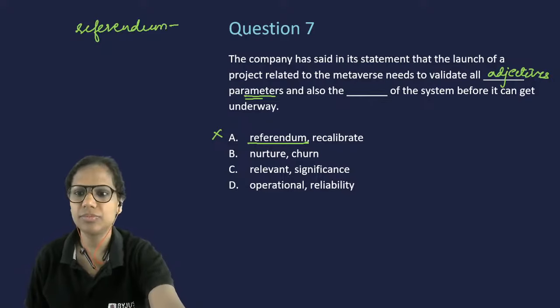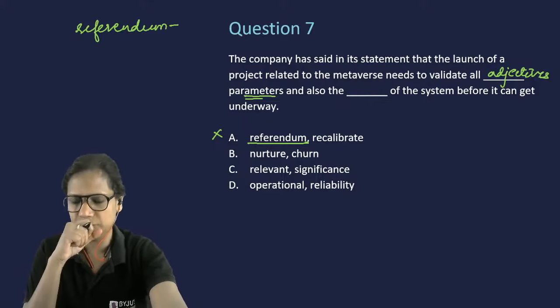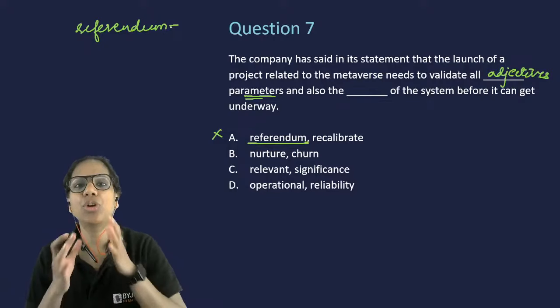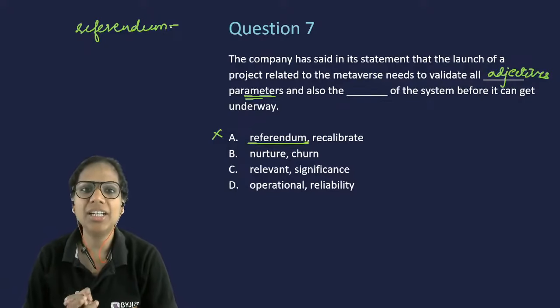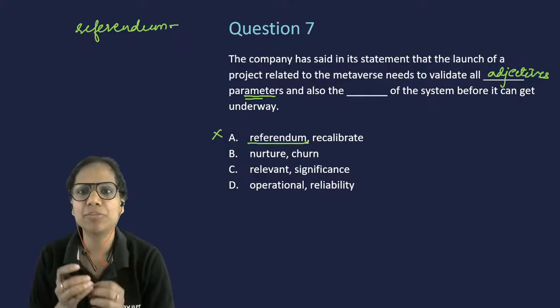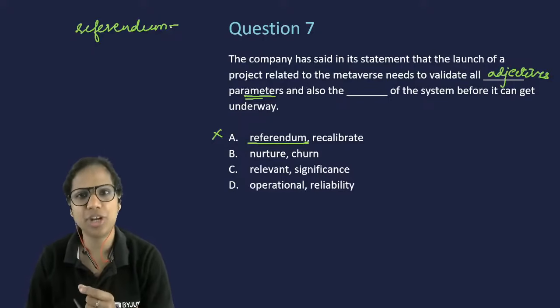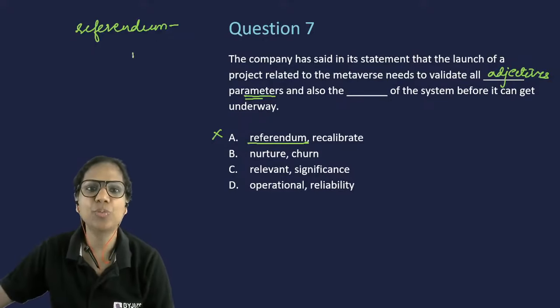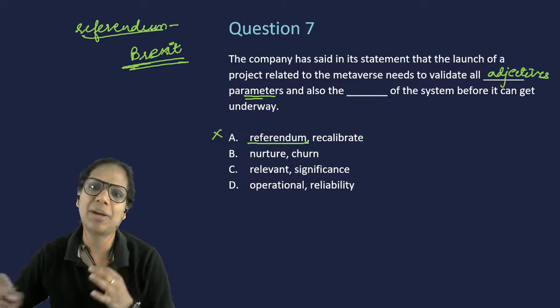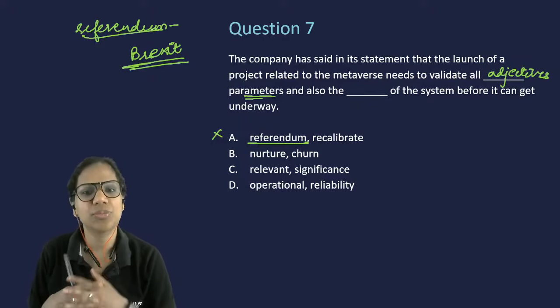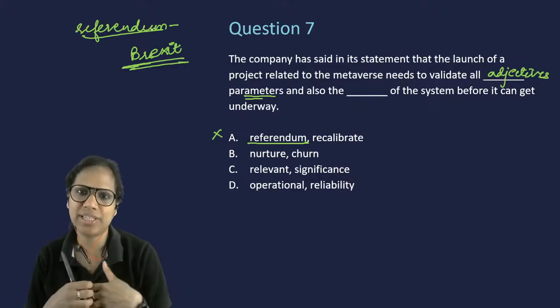When you want to make a decision and you ask each member of the public to vote on that decision, that's called a referendum. For example, for Brexit, whether Britain should exit from the EU or not, a referendum happened, where people had to vote whether they wanted to exit or not.